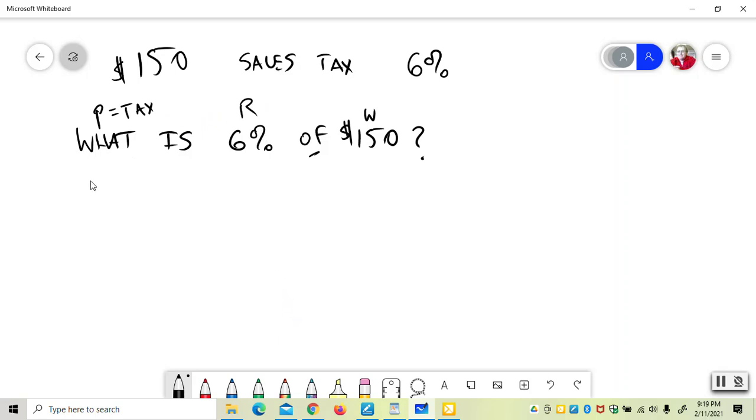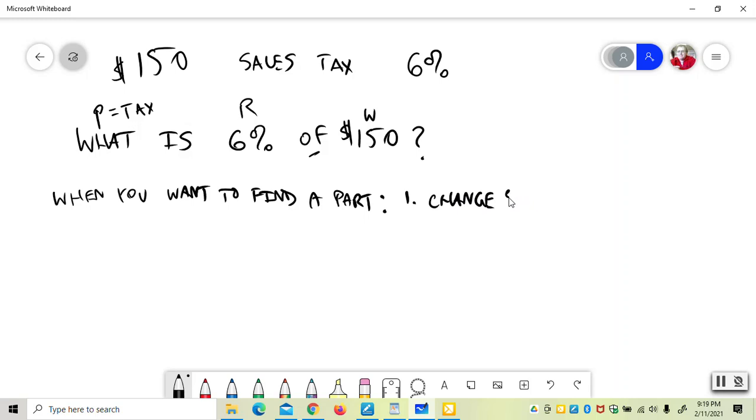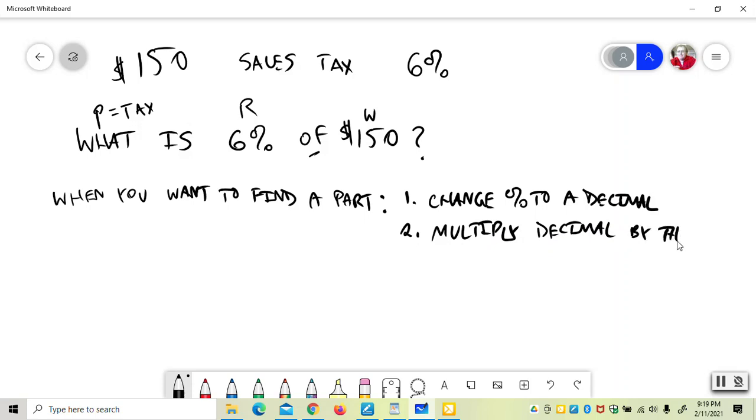When you want to find a part, you change the percent to a decimal, and then you multiply the decimal by the whole, the original price.